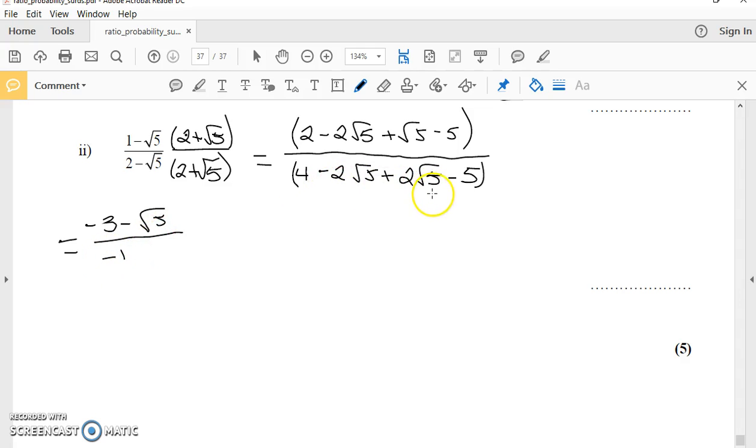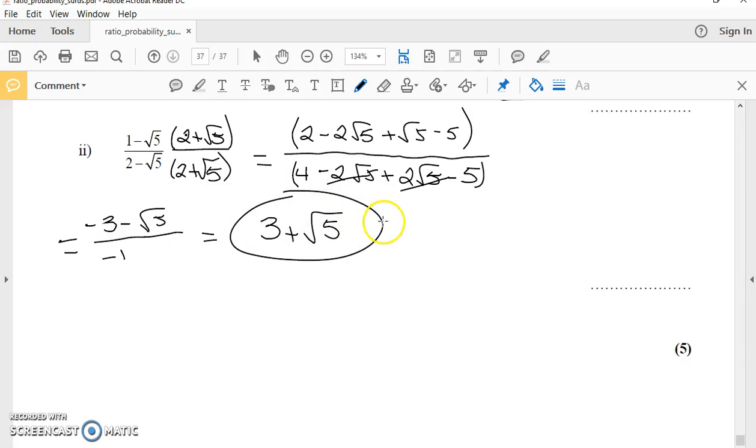Minus 2 root 5 plus 2 root 5 gives us 0, so those two cancel. So I'm left with this. What I can do is I can factor out that negative, and I get 3 plus root 5. Okay, and that's just from dividing everything by minus 1. So minus 3 divided by minus 1 gives me a plus 3. Minus root 5 divided by minus 1 gives me a plus root 5. Okay, and that's my final answer.